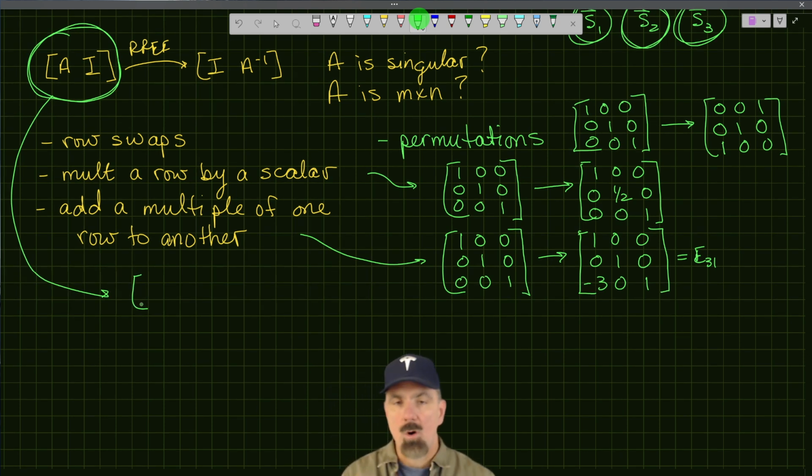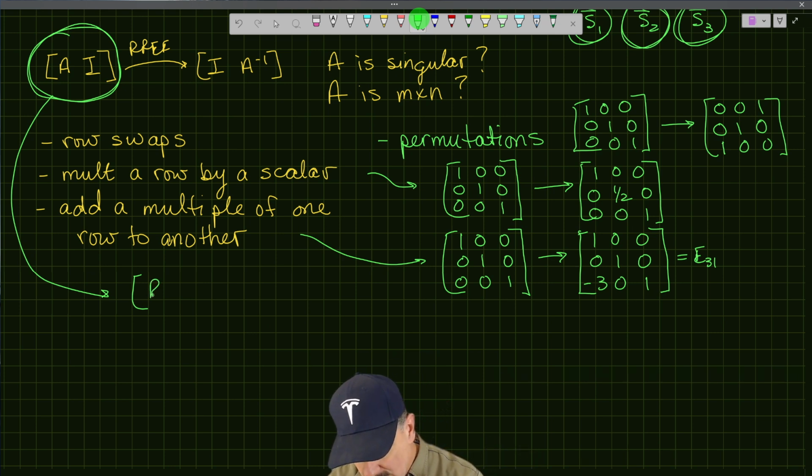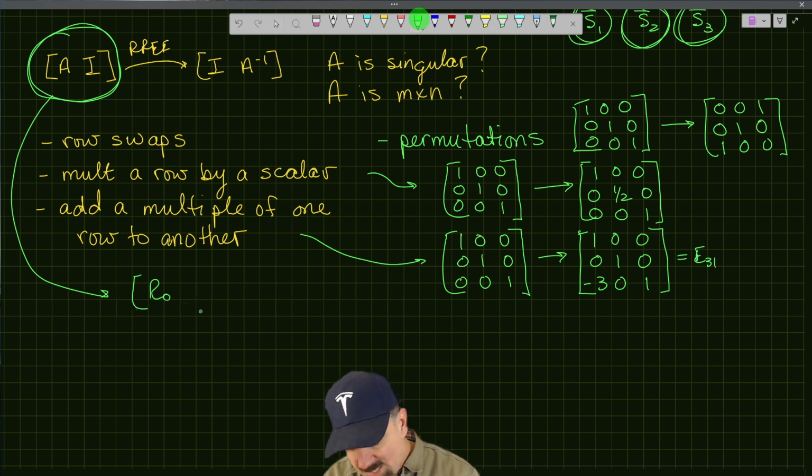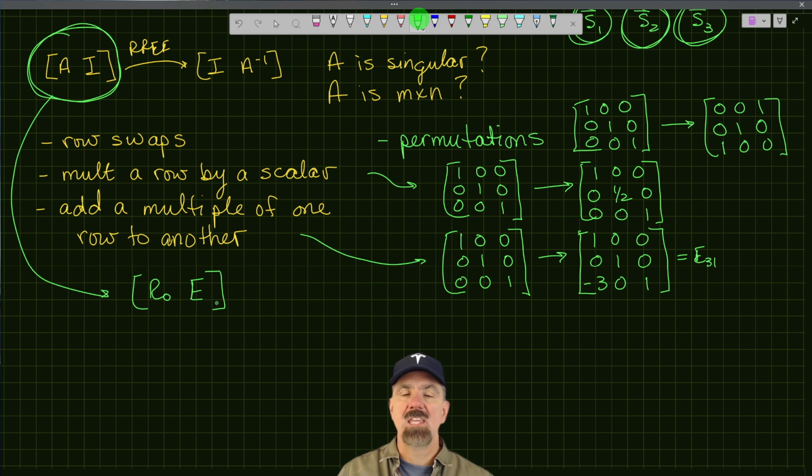When I execute the row operations on A, and now I'm talking Gauss-Jordan elimination, not just Gaussian elimination like we did previously, if I run Gauss-Jordan elimination, I'm going to end up with R naught in place of A. This is going to give me the RREF. And what happens to I is it carries all the knowledge of the elimination steps that we did, because we've executed all of those things onto an identity matrix.